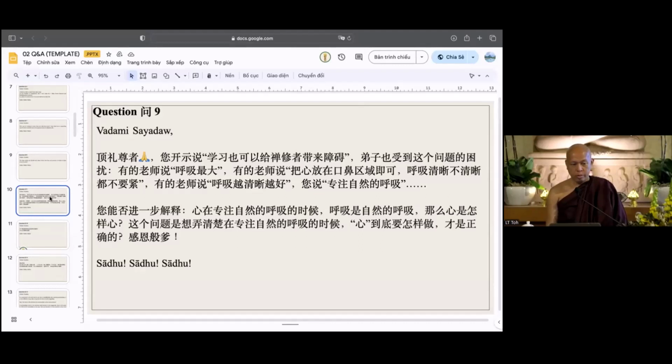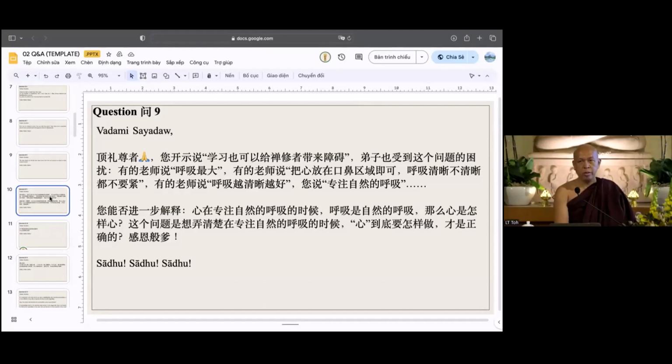Wandamisiado, in Sayadaw's talks, Sayadaw mentioned that kanta, learning, is also one of the impediments. So he also has this problem. In the Anapanasati guidance, some teachers say the breath is the most important one to focus on.